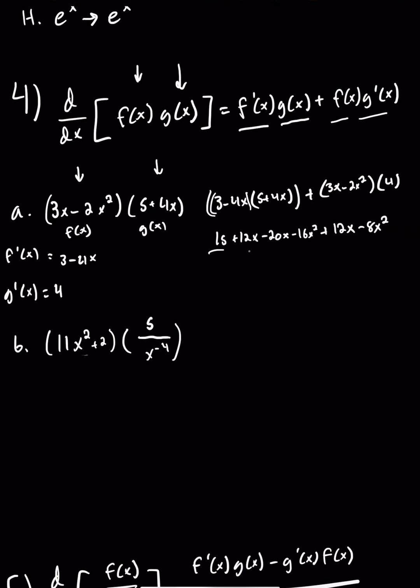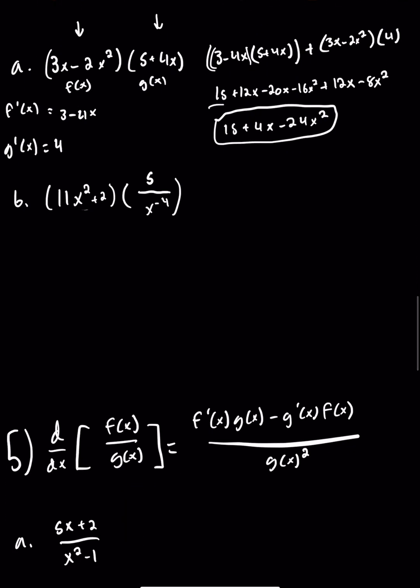Okay, so 15 is by itself. Now let's look at the x's. 12x plus 12x is 24x minus 20x is going to be 4x, and then 16x squared minus that is going to end up giving us 24x squared. And that will be your final answer.